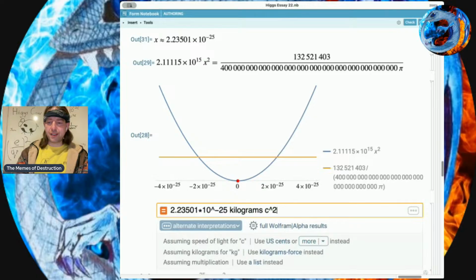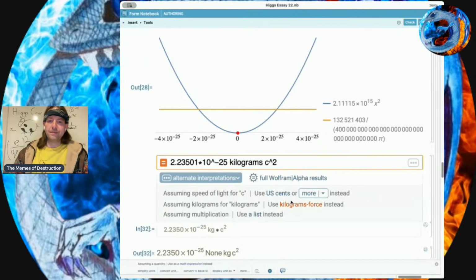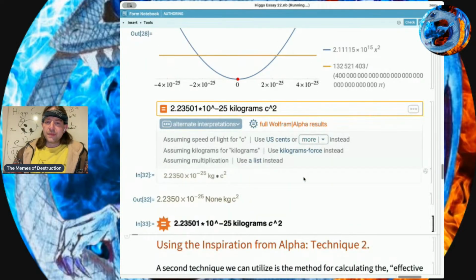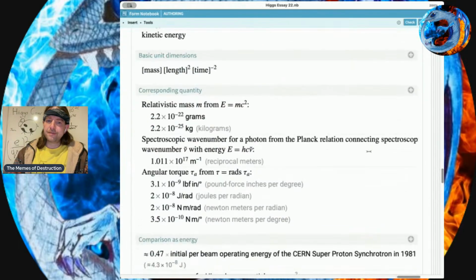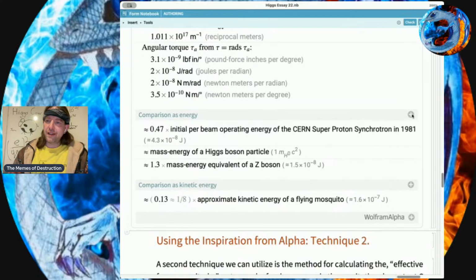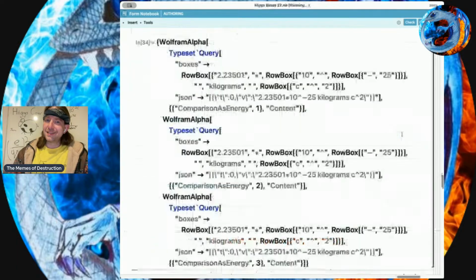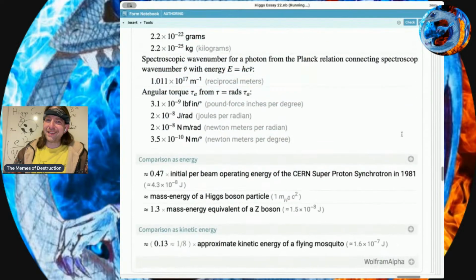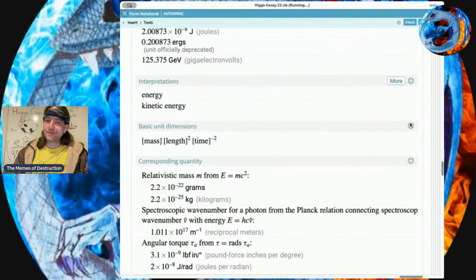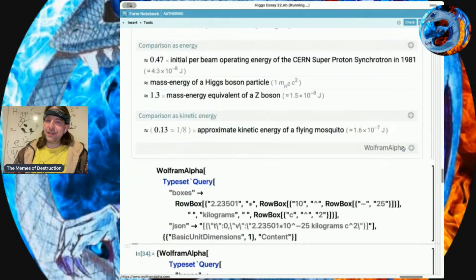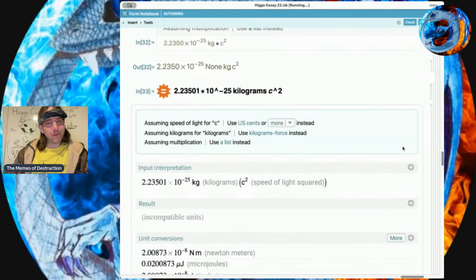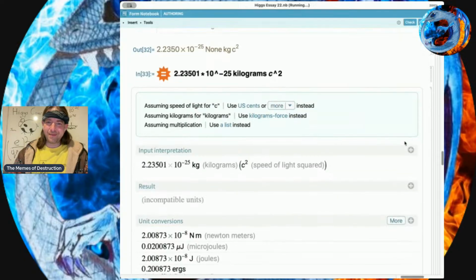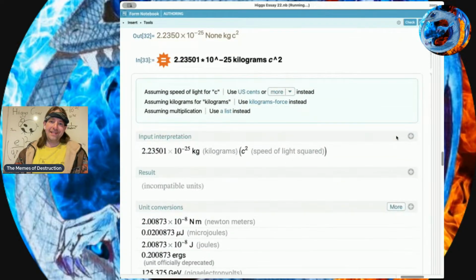C squared. All right. Results there. Okay. All right. So basically, very, very dang close to the same thing. Dimensions. The error is typically the greatest thing. I mean, you can adjust. Why is it so incompatible units?